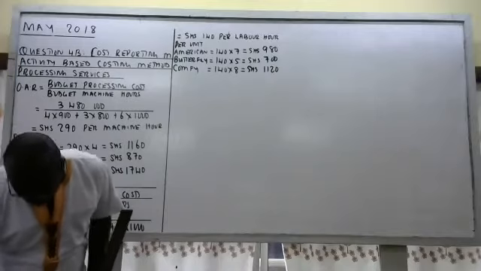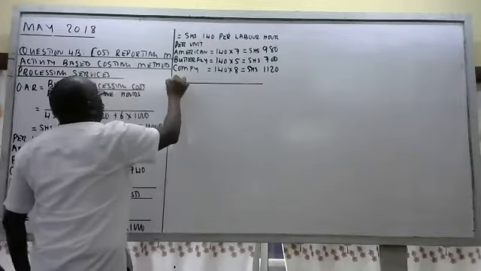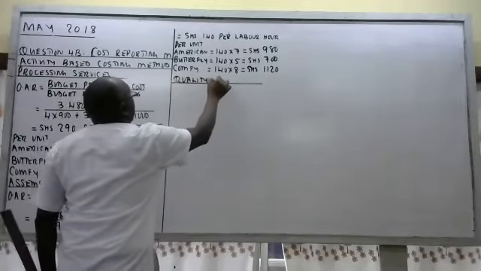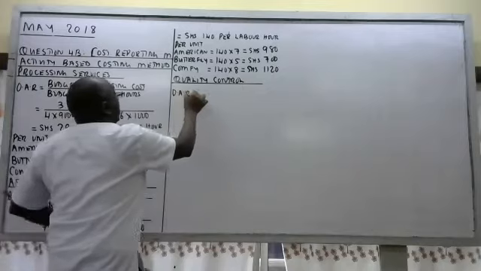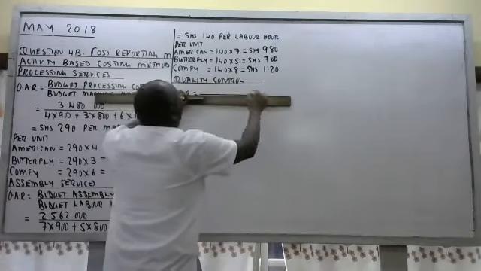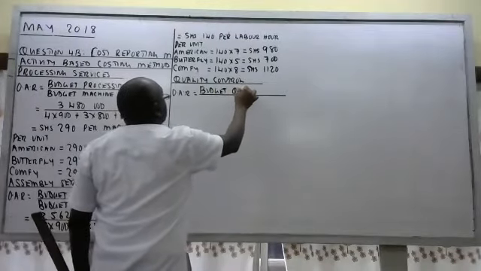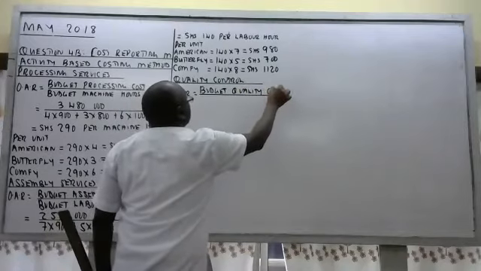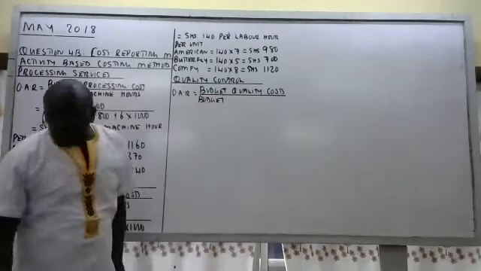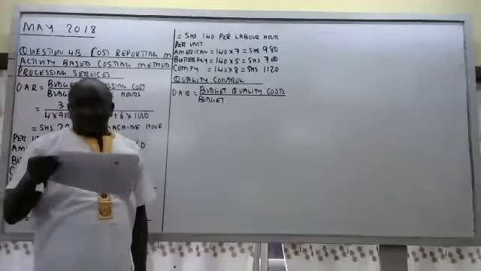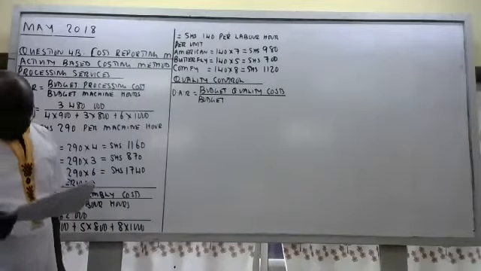The next one is quality control. So OAR will then be given as budget quality costs, you divide by budget what? Now this one, we can go by the production runs.